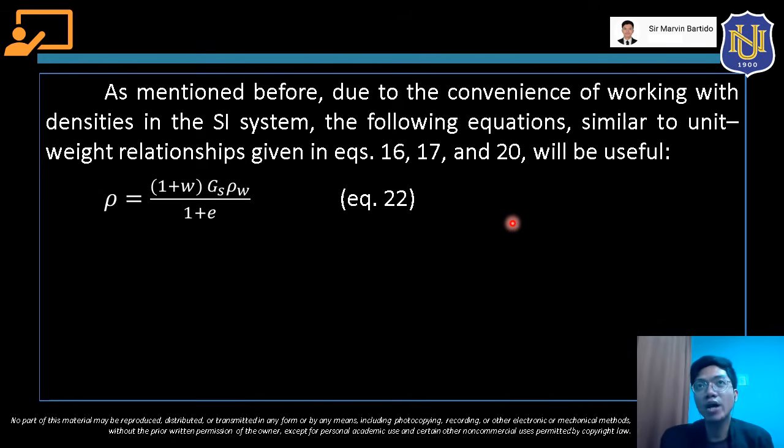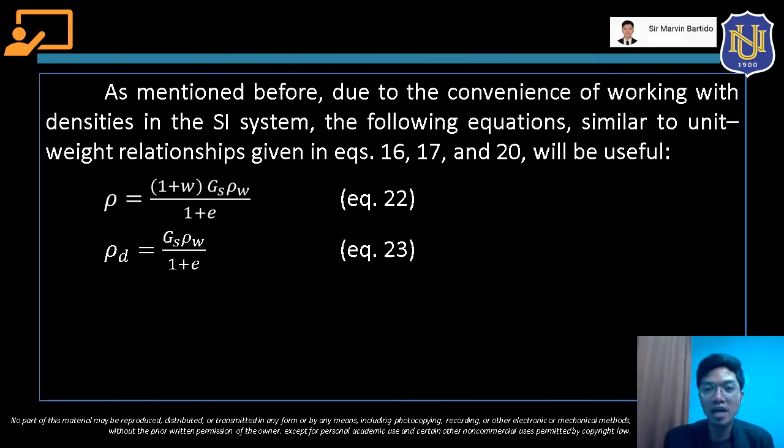So yun ay equal sa 1 plus water content times G sub S times gamma ng water over 1 plus E. So class, pwede din natin i-express yung unit weight doon in terms of density. So instead na unit weight, pwede itong density. Tapos, instead na gamma water dito, pwede naman na ang gawin natin ay density ng water.